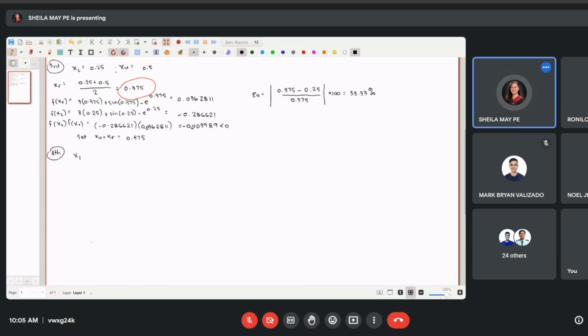We have our x sub L still at 0.25, and our x sub U at 0.375. Are you following, class?